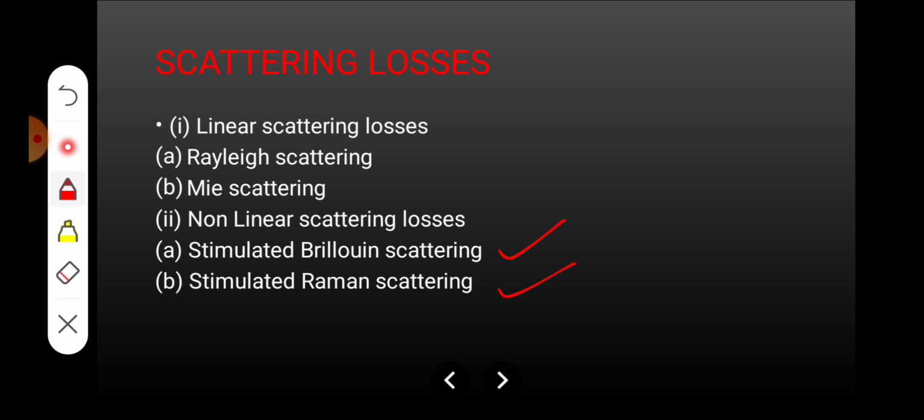Stimulated Raman scattering: here, the scattered light consists of scattered photons and high frequency optical photons. Further, this occurs in both the forward and backward direction in the optical fiber. The threshold optical power for Raman scattering is about 3 orders of magnitude higher than the Brillouin threshold for a given fiber.